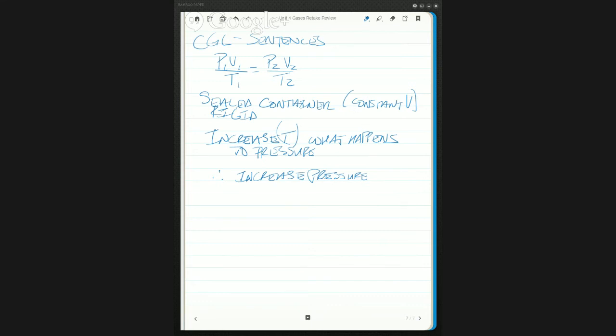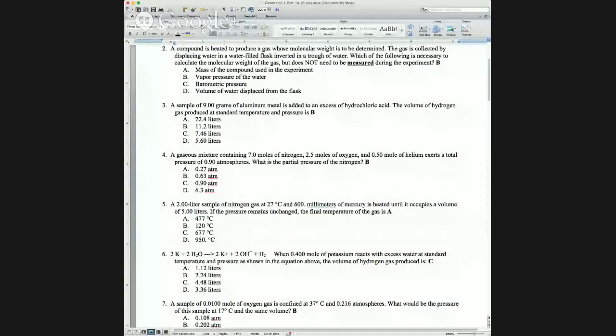Okay, I see we have a question for multiple choice number 3 from Mikey. So let's look at the test number 3. A sample of 9 grams of aluminum metal is added to an excess of hydrochloric acid. The volume of hydrogen gas produced at standard temperature and pressure is B. We have in front of us a stoichiometry involving molar volume.